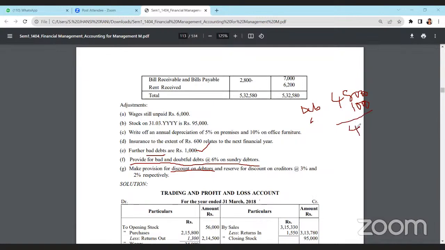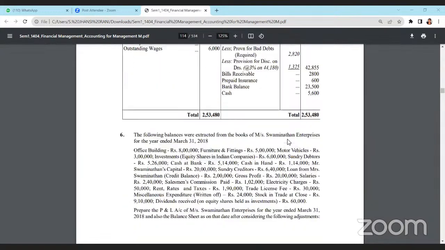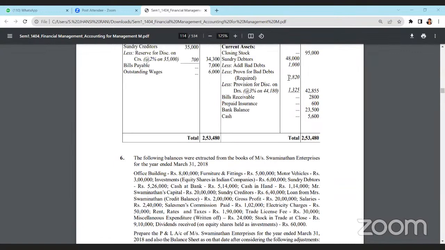On this we will calculate the 6%, not on 48,000. After deducting the bad debts, we will calculate the provision. That is 6%. So 47,000 into 6% comes to 2,820. That's what they have given over here.